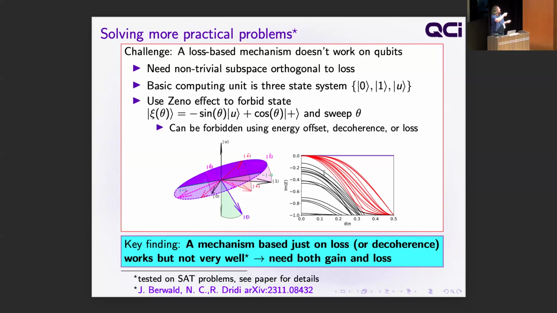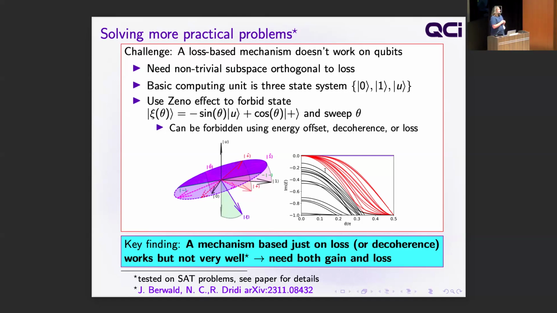But adiabatically, you can have frustrated terms. You can add an extra term that penalizes being in this undefined state. Once you do that, you suddenly have a gap at the beginning and everything just works much better. So a lot of this was exploring what you could do with different kinds of Zeno effects.